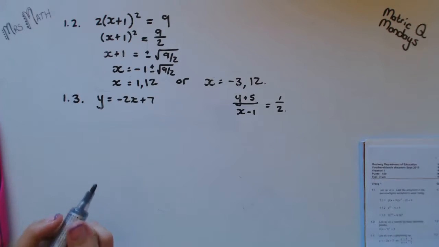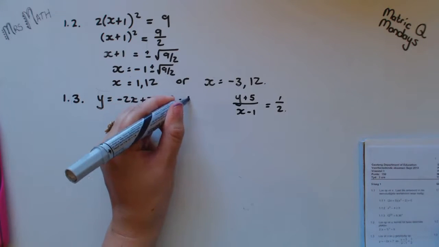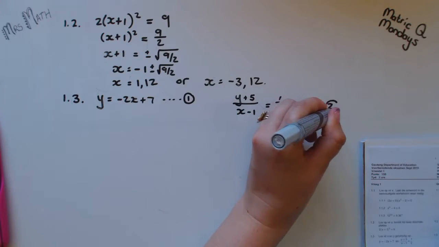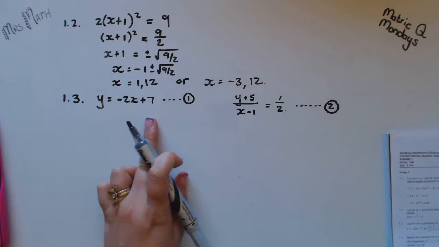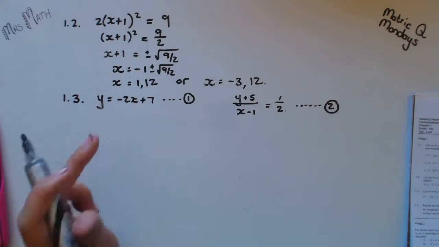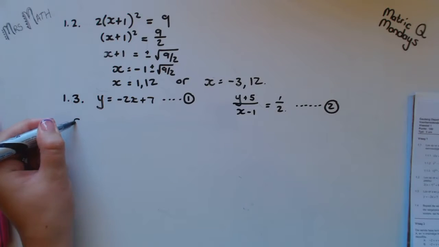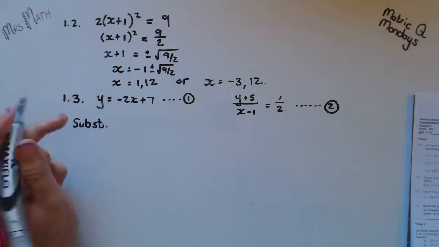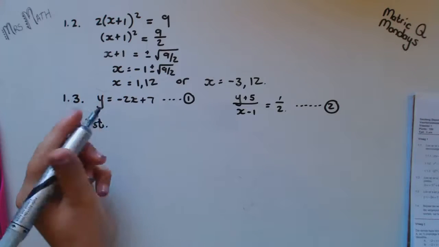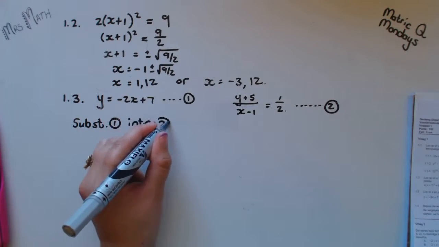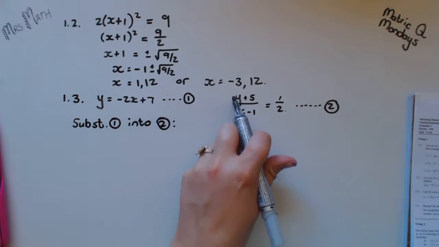Okay, so if I look at this as equation 1 and equation 2, I'm going to start with equation 2 because it already has y alone. Then I'm just going to substitute equation 1, where y is this, into the second equation there.